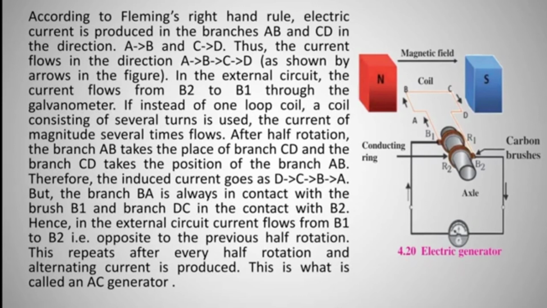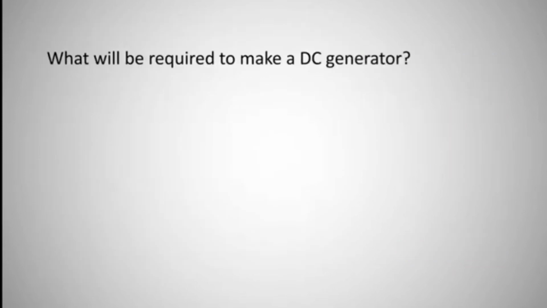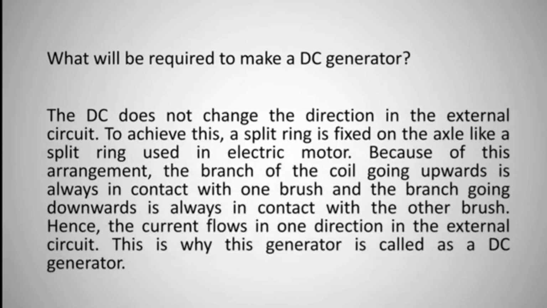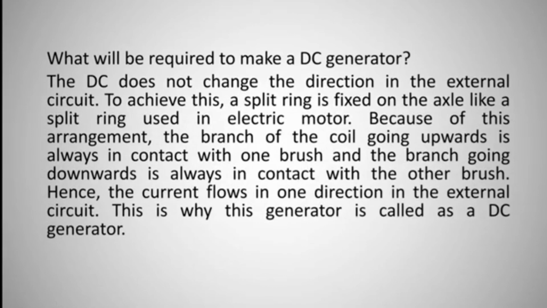Also, we just now studied the working of the alternating current generator, that is AC generator. So, what will be required to make a DC generator? The DC generator works on DC current. The DC current, that is the direct current, does not change the direction in the external circuit.